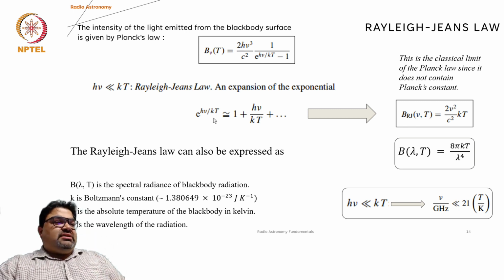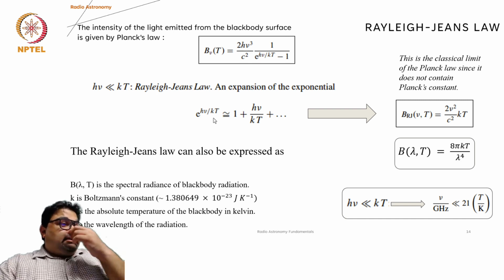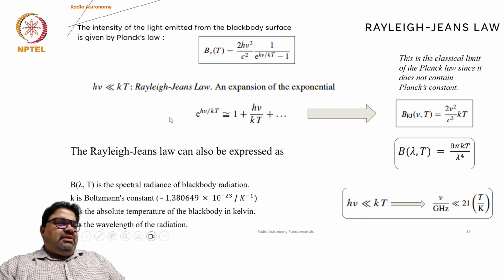So e to the power h nu over kT becomes 1 plus h nu over kT, and because of the -1 in the denominator, the 1 goes away, and only h nu over kT remains in the denominator of Planck's law.